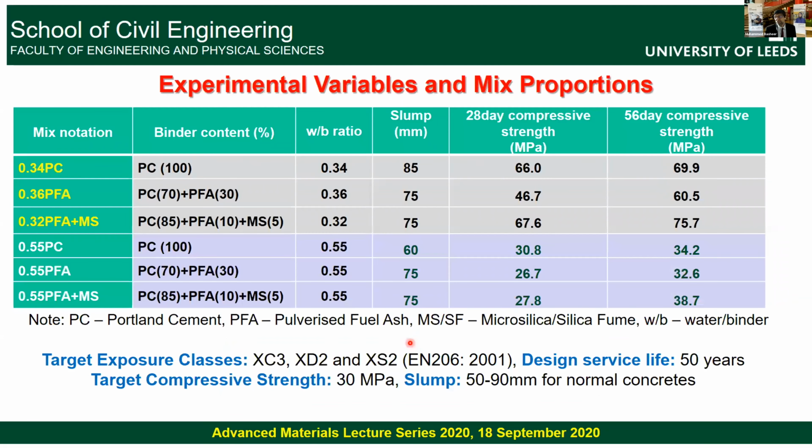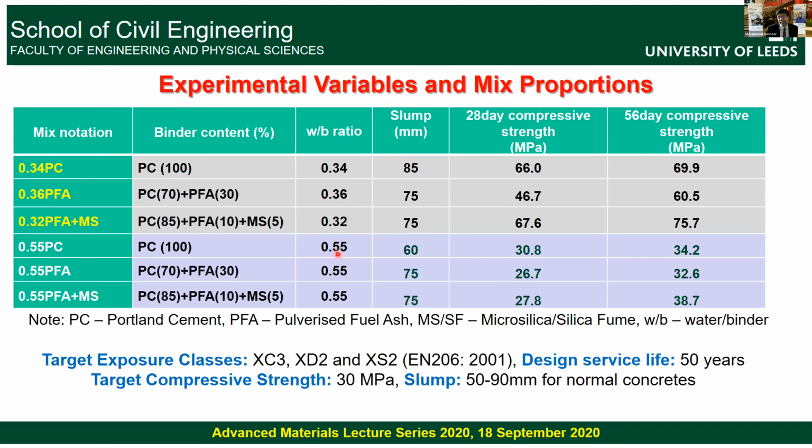And in order to study this, we considered 2 sets of concretes. One set is, as you can see, with values less than 0.4 here, and the other one is actually with value 0.55. And they refer to the water binder ratio. That's the amount of water added in the concrete for manufacturing them. So in some concrete mixes, the water content was low.